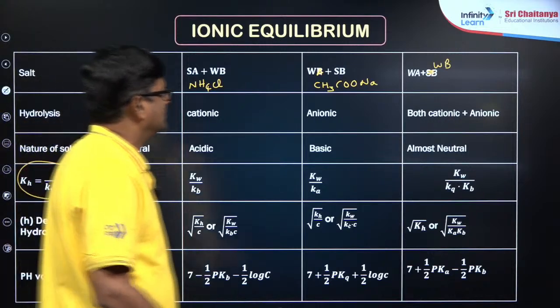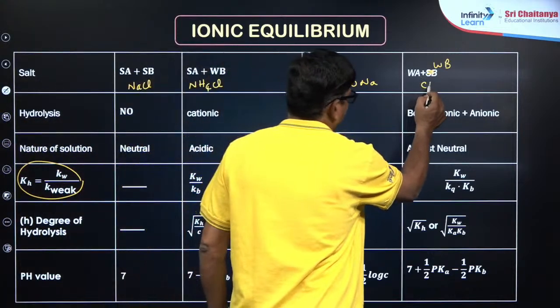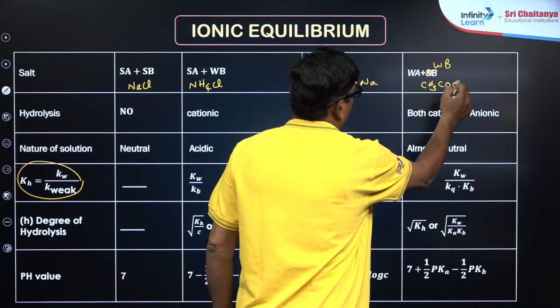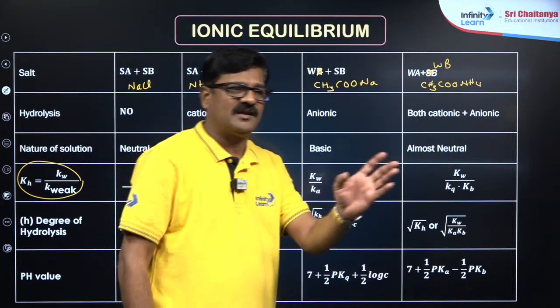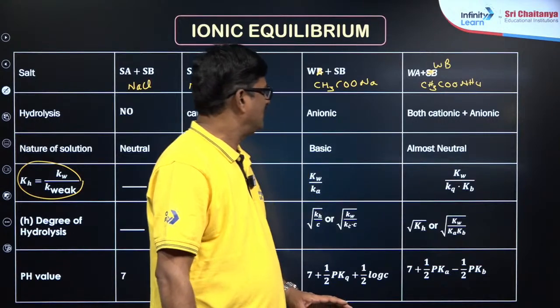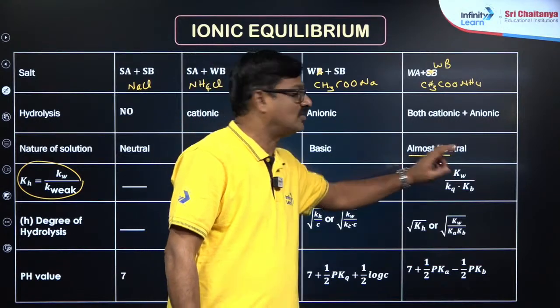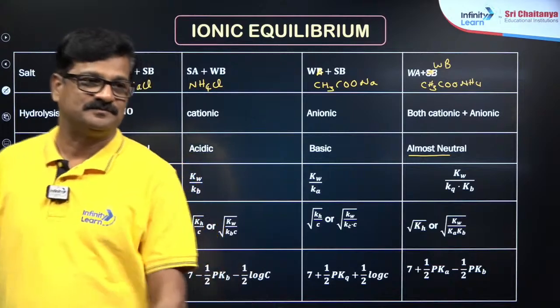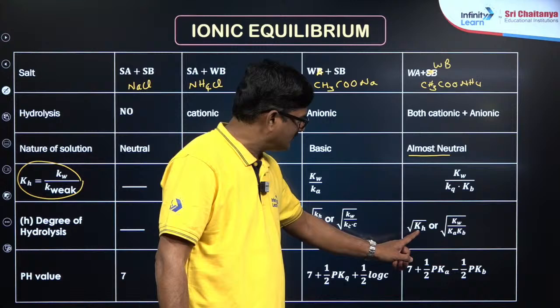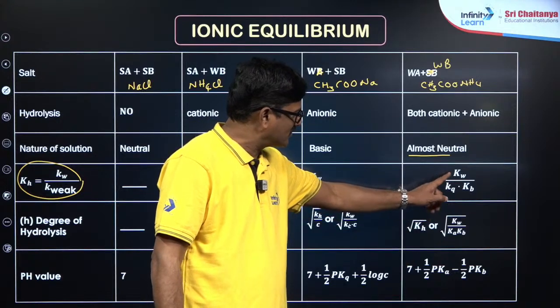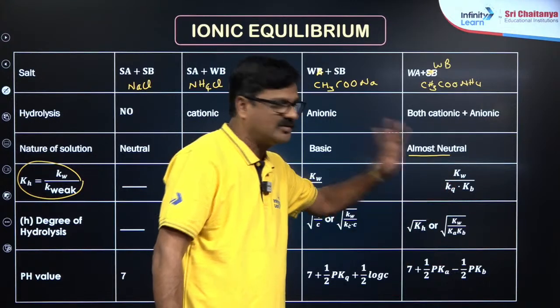And for CH3COONH4, both cationic and anionic hydrolysis take place, and it is nearly neutral but not exactly neutral. The degree of hydrolysis is equal to root of Kw upon Ka dot Kb.